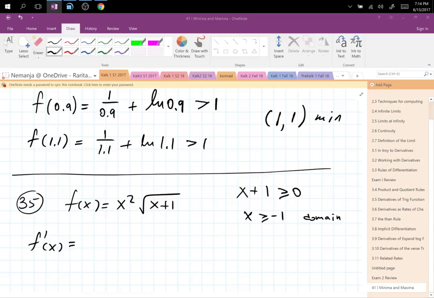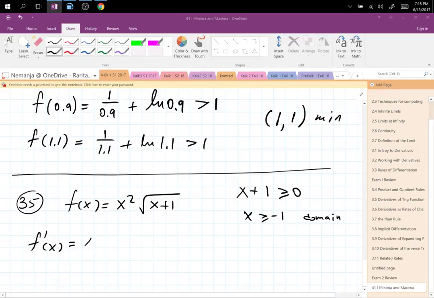So this is what? Anyone? This is a derivative. Which rule do we have to use? Product rule.